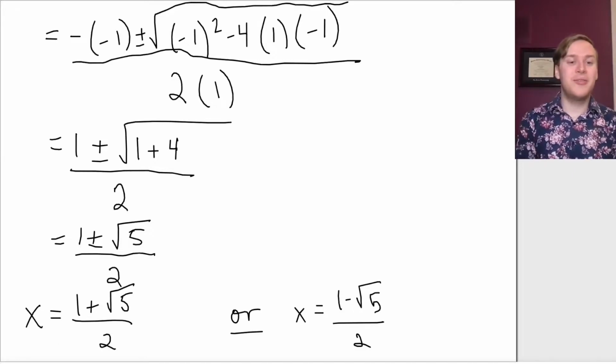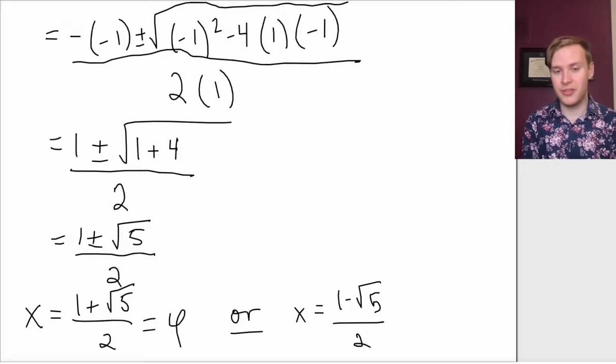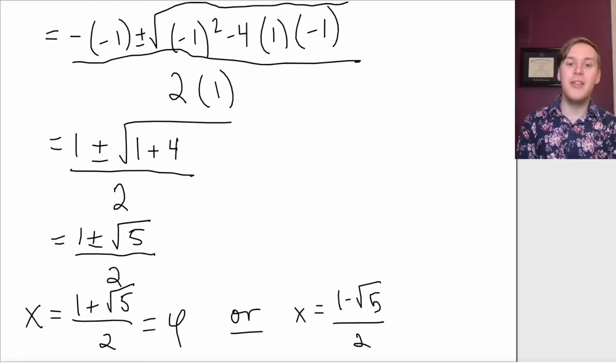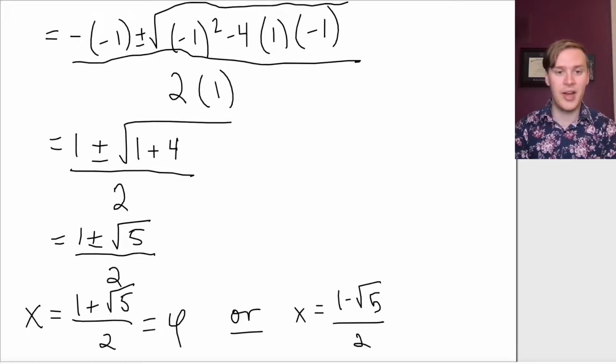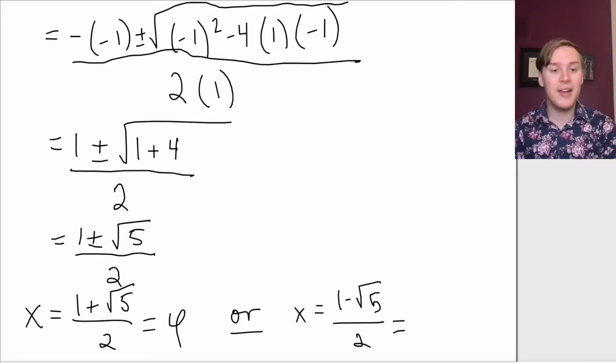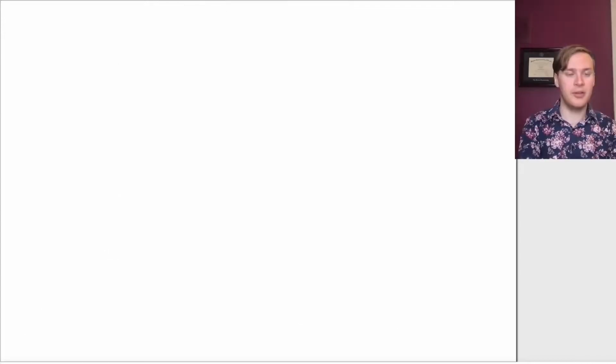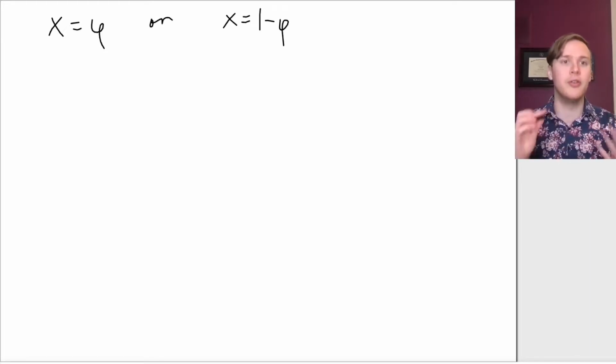Well, we notice that this 1 plus square root of 5 over 2 is actually the golden ratio. We're going to say that's equal to phi, right? Phi is the golden ratio. And then 1 minus square root of 5 over 2, it can be shown that this is equal to 1 minus the golden ratio, or 1 minus phi. So here are our solutions. X equals phi, or x equals 1 minus phi. Phi being the golden ratio.